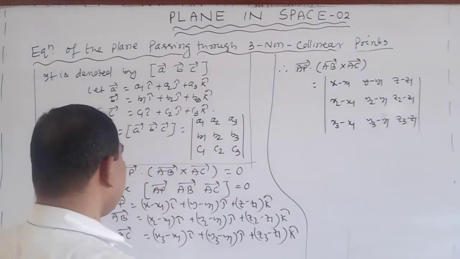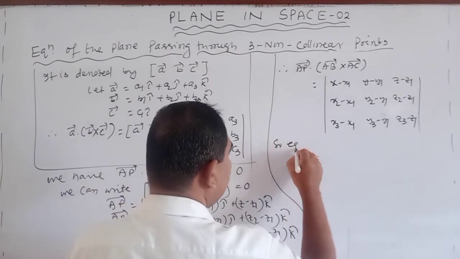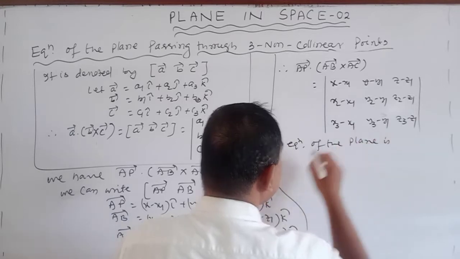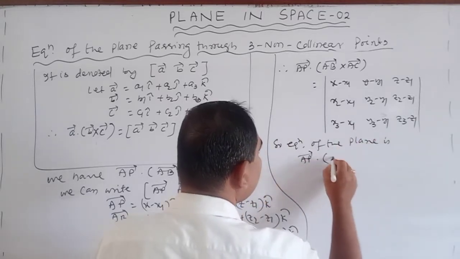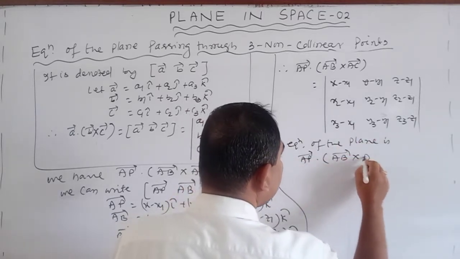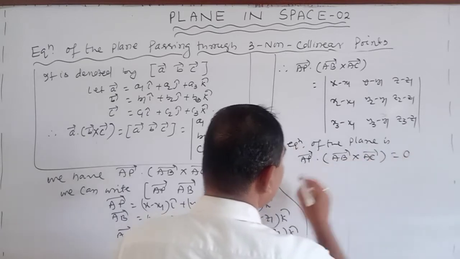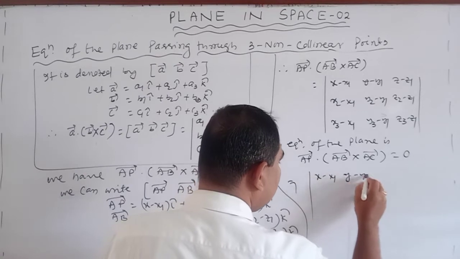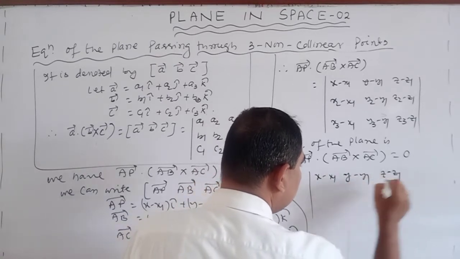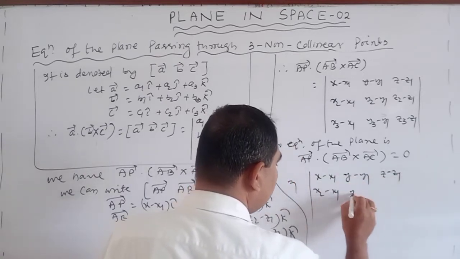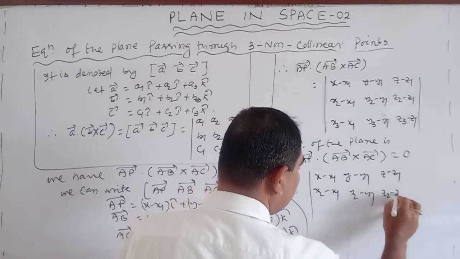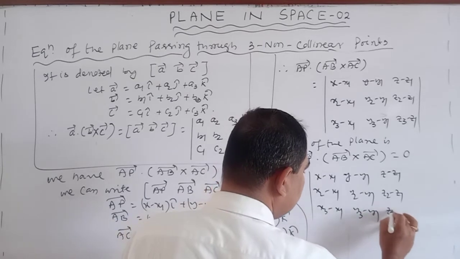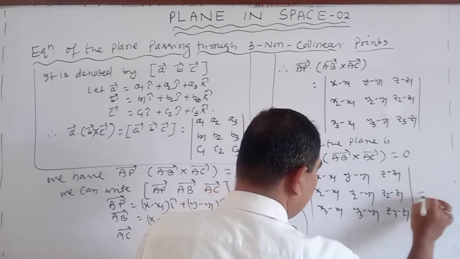So the equation of the plane is AP dot AB cross AC is equal to 0. So this implies determinant form: x minus x1, y minus y1, z minus z1; x2 minus x1, y2 minus y1, z2 minus z1; x3 minus x1, y3 minus y1, z3 minus z1 is equal to 0.